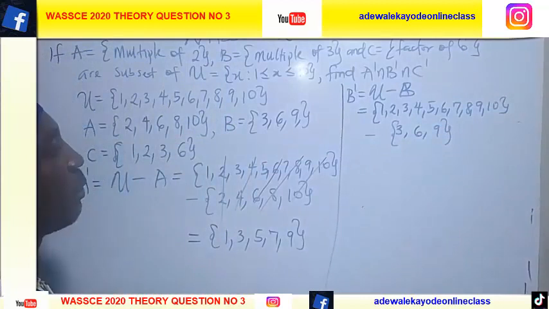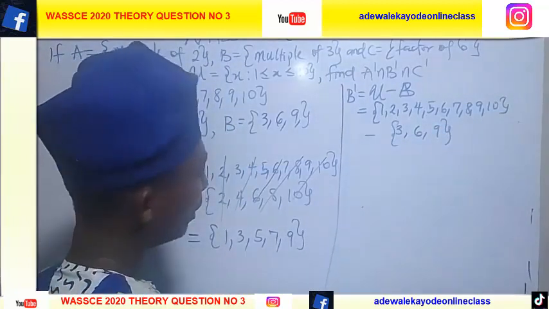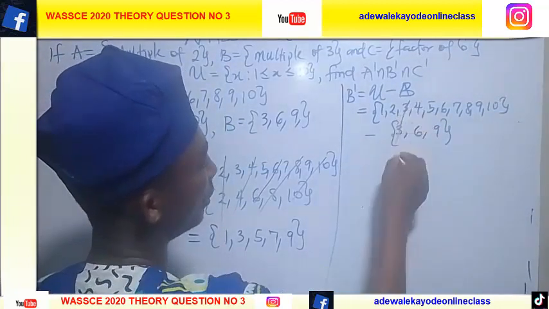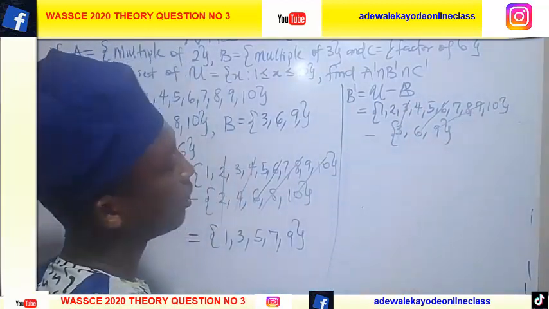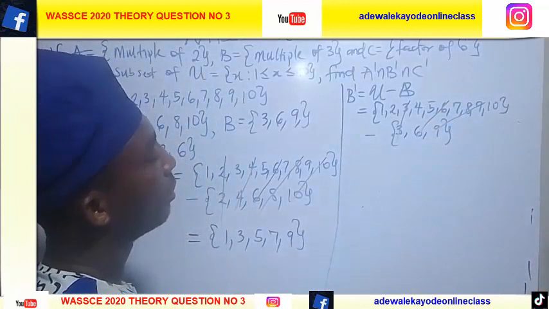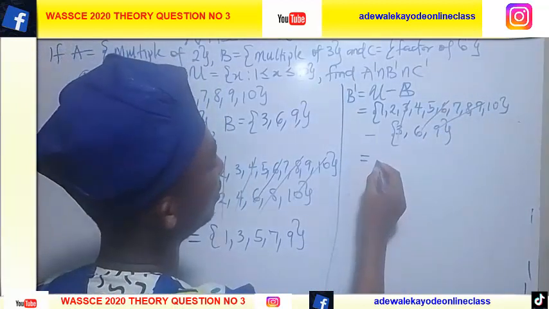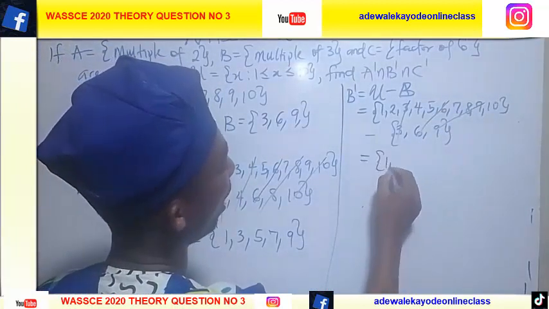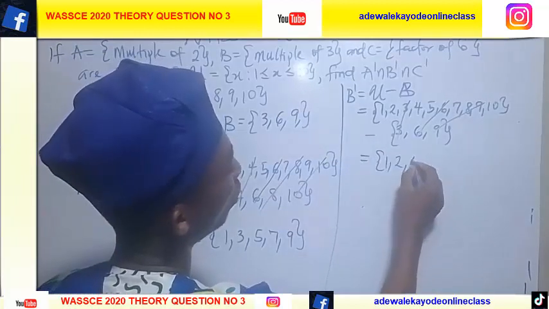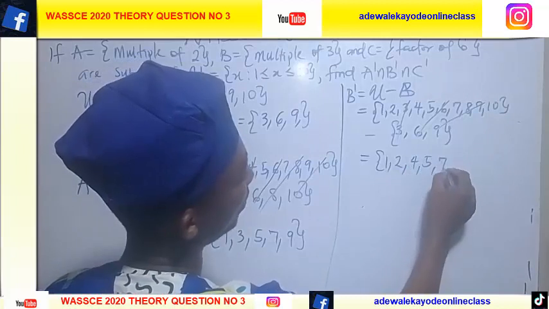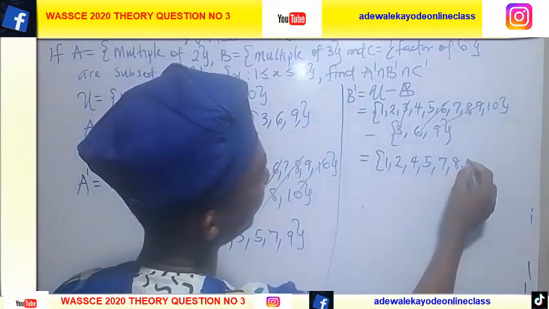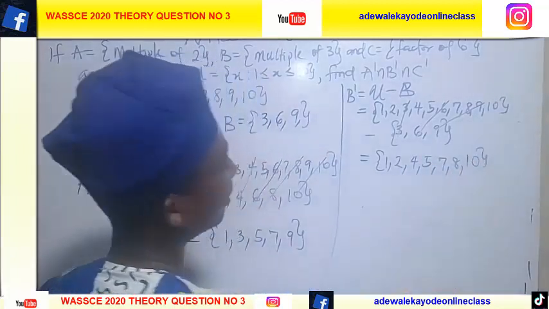So let's take that away. Great. 3, 6, 9. So what are we left with? We are left with 1, 2, 4, 5, 7, 8, and 10.